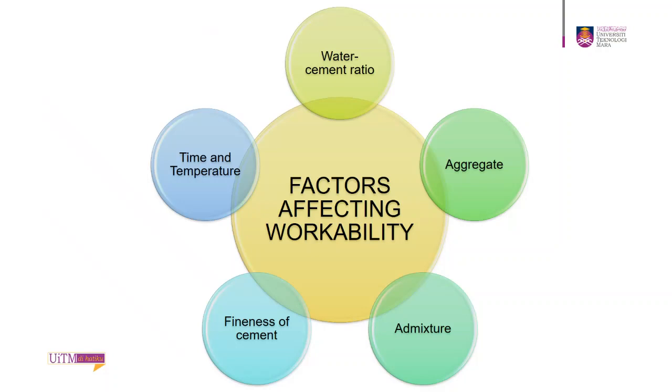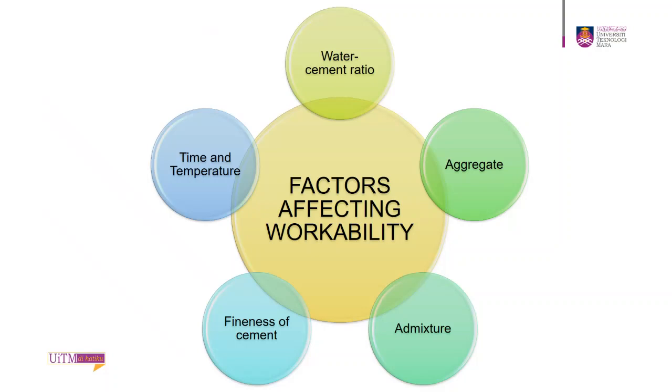Number three is the admixture. Addition of an air entraining admixture or plasticizer will increase the workability. The fourth factor is the fineness of cement, where greater fineness increases cohesiveness but reduces workability.